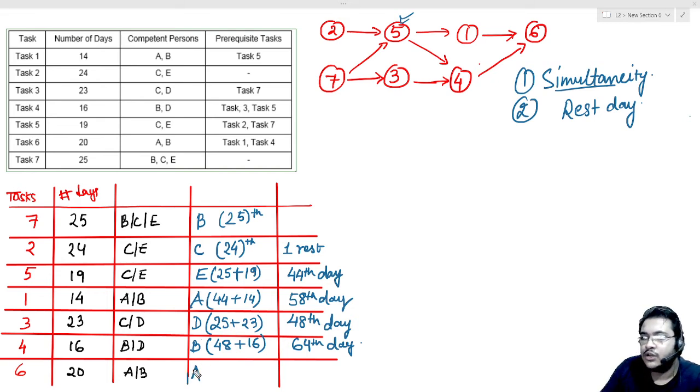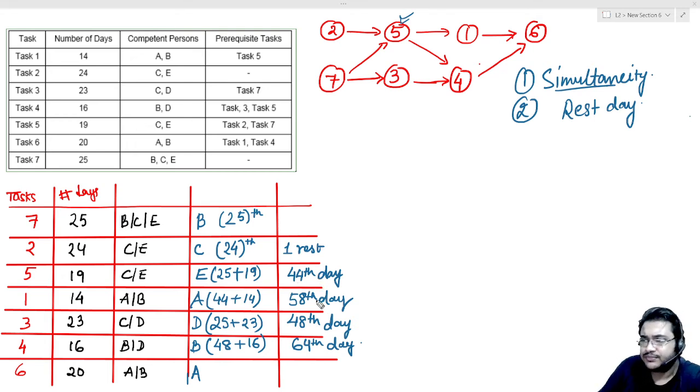The last day till which A has worked is the 58th. Understand that the limiting criterion for 6 is 4 and not 1, because 1 gets completed on the 58th. A is the only person completing it on the 58th day. He is waiting till B completes the 4th task.